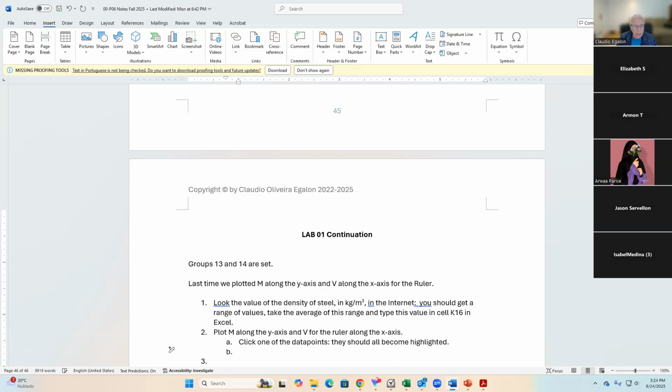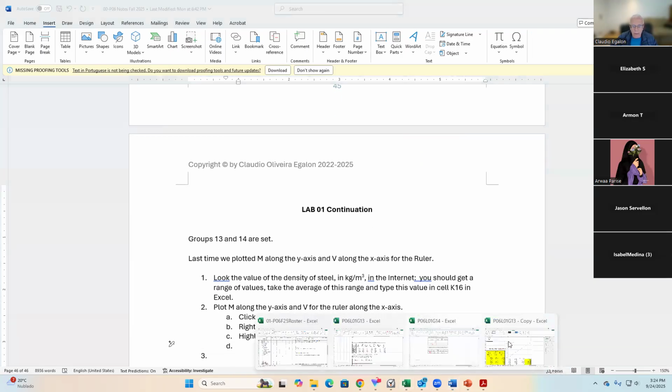Right click one of the data points. Highlight, add trend line, right? Add trend line in the drop-down menu.